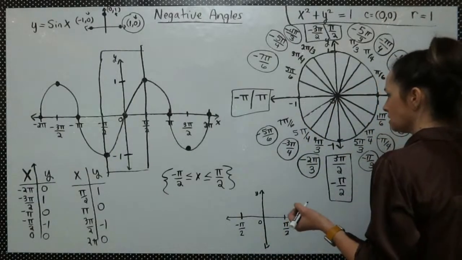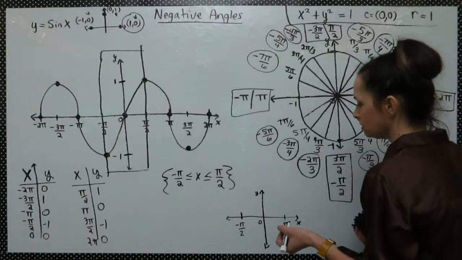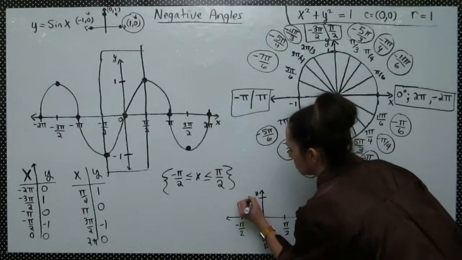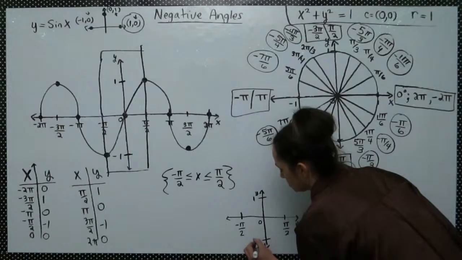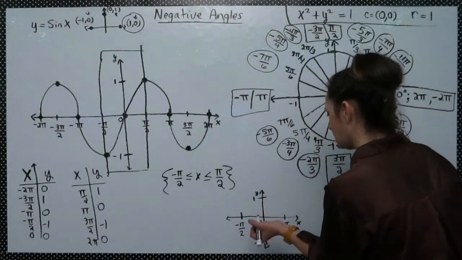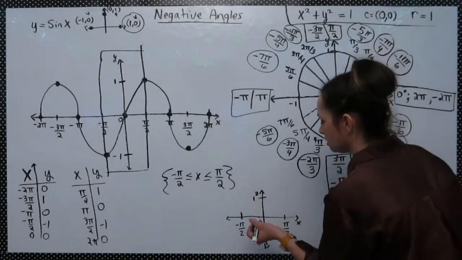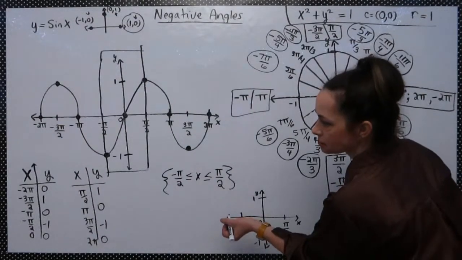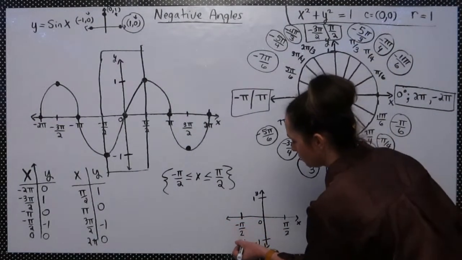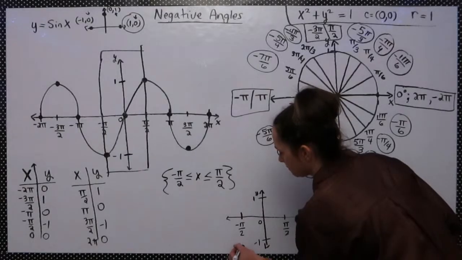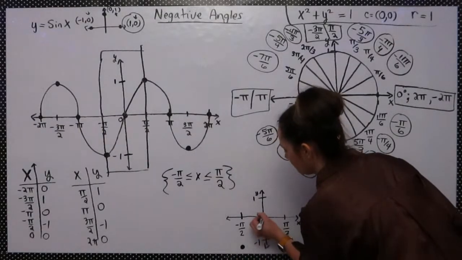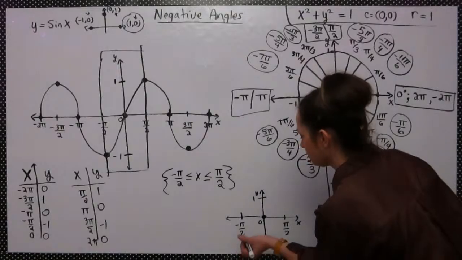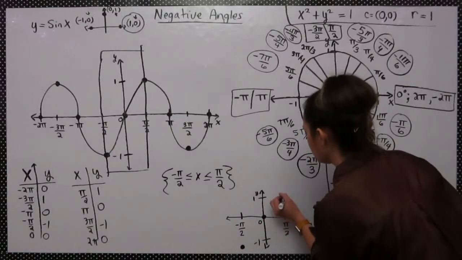And then if we wanted to list a couple more values, we could. At negative pi over 2, we were at -1 down here. And we got 0. And we have pi over 2 is back at 1.